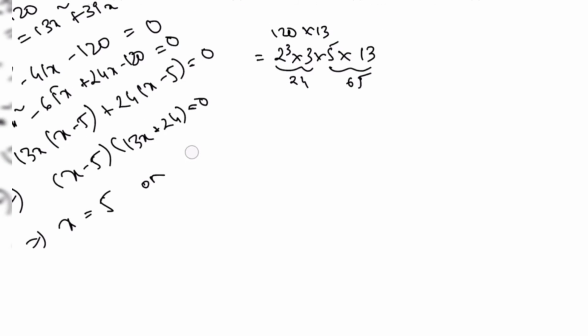Now from here you can straight away say that x equal to 5, because minus 24 by 13 is impossible. Okay. So one is 5 and the other is 8.